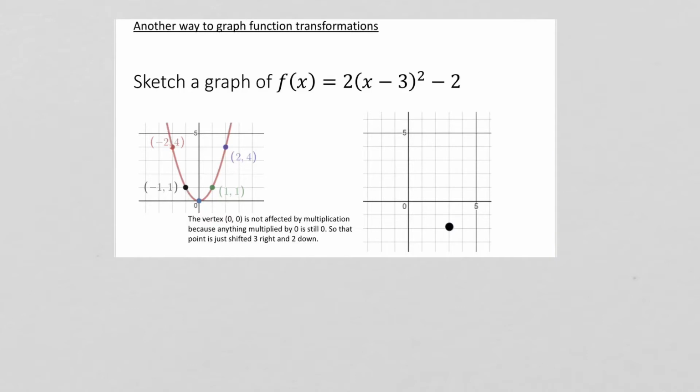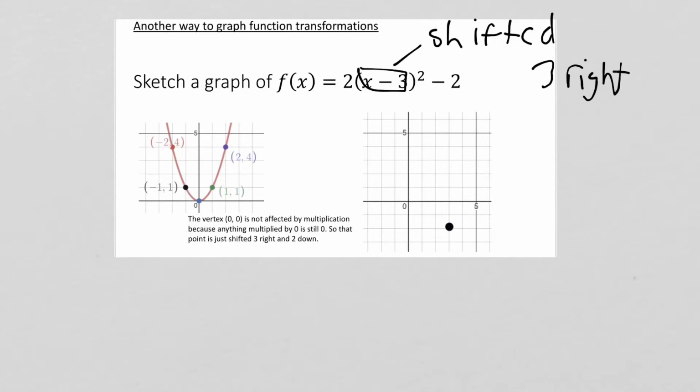And we can see that the graph is going to be shifted 3 units right, and then 2 units down. So when I take that vertex at (0, 0), I go over 1, 2, 3, down 1, 2. Okay, so this is my new vertex.